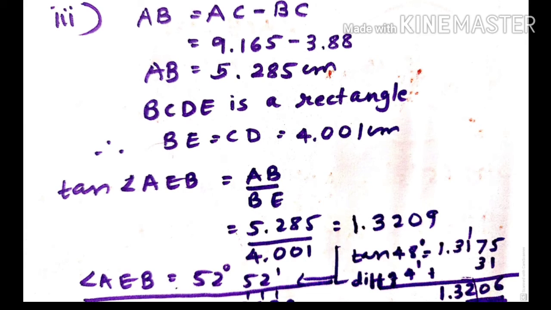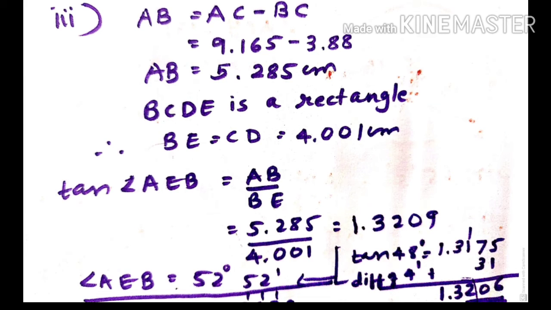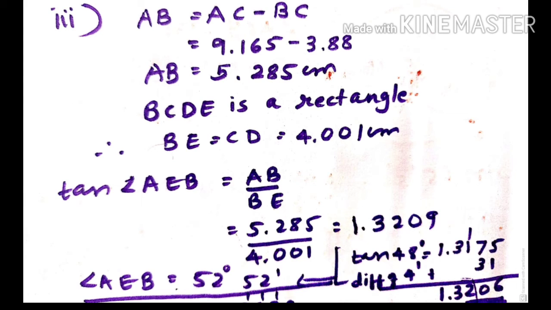AC is the whole side of triangle ADC. From that, if we subtract the BC value, then we get AB. So now we have AC 9.165 minus BC, already given in the question, 3.88. After subtracting, we get AB is equal to 5.285 centimeters.